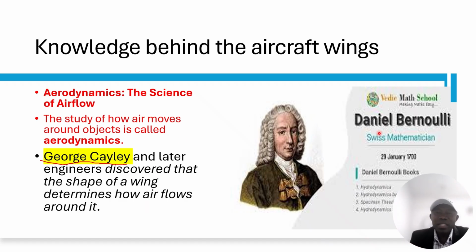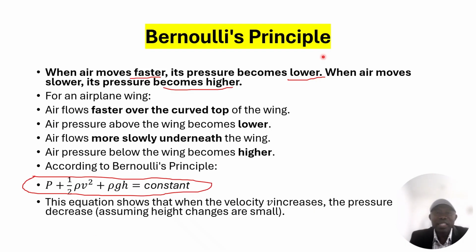Now, who is this man? There's a man called Bernoulli, a Swiss mathematician. Look at his principle in physics. Bernoulli explained that when air moves faster, the pressure becomes lower. As I've said in the story of the building, the wind blowing at the top has a higher speed than the wind blowing at the bottom.